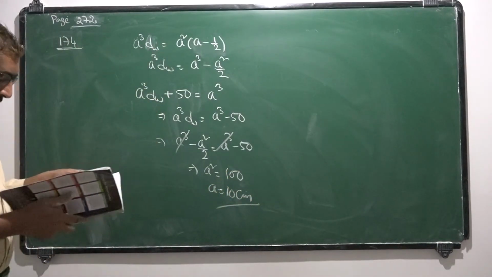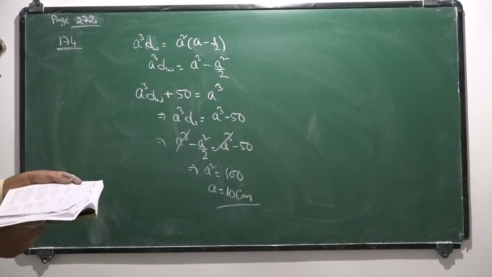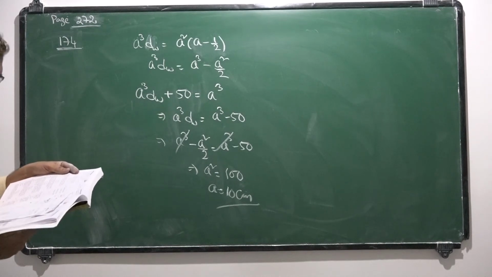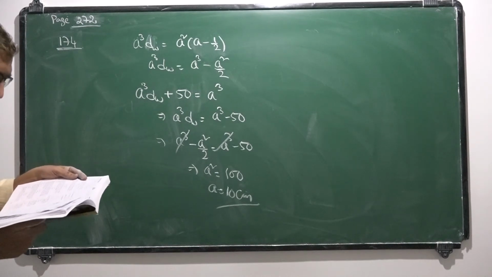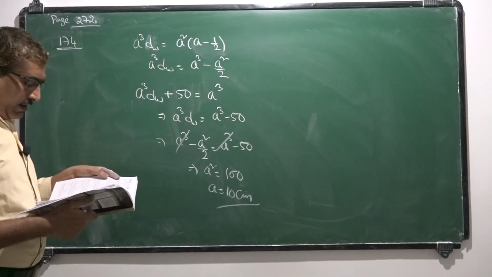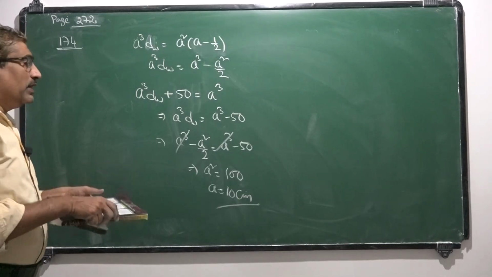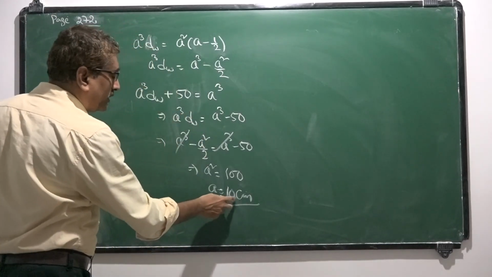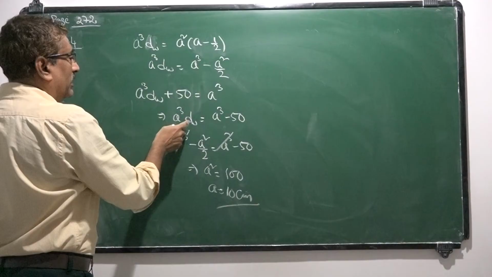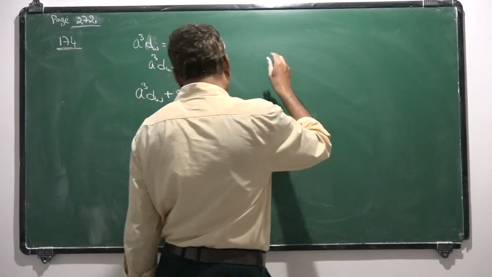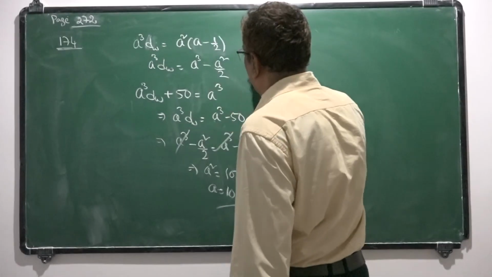Now A is 10 centimeter. Now we have to find the density of wood. So we got the side of the cube. Now substituting either in this equation or in this equation, we take this equation.